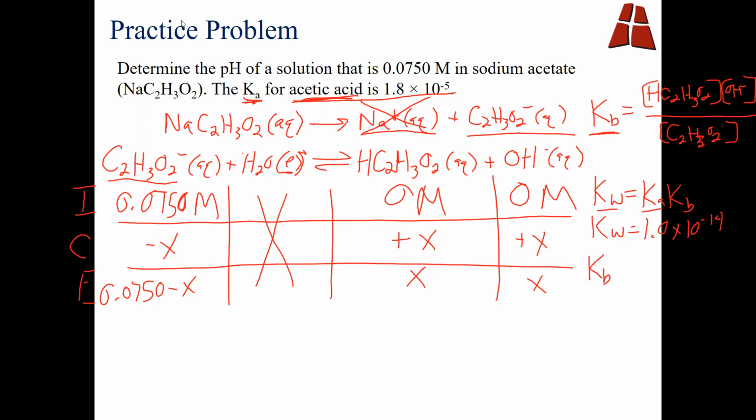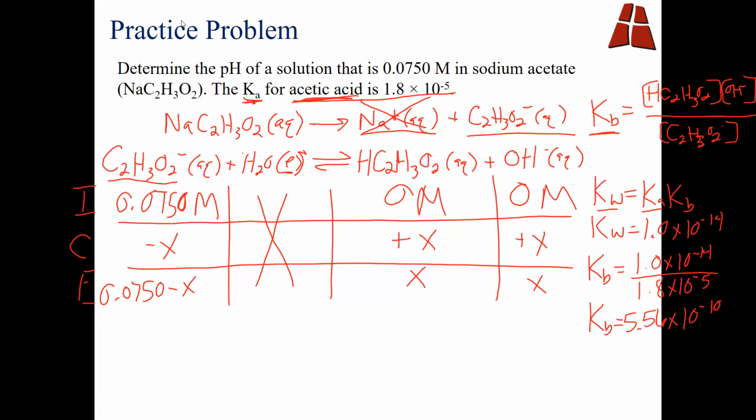So Kb is going to be equal to 1.0 times 10 to the minus 14 divided by our Ka, which is 1.8 times 10 to the negative 5th. I got a value for Kb equal to 5.56 times 10 to the minus 10.